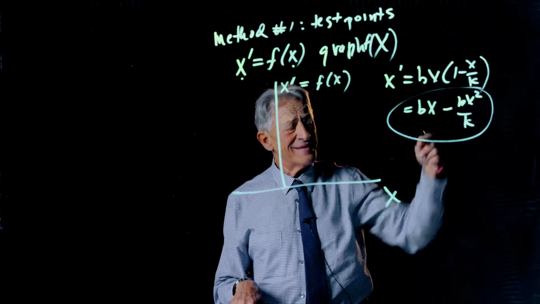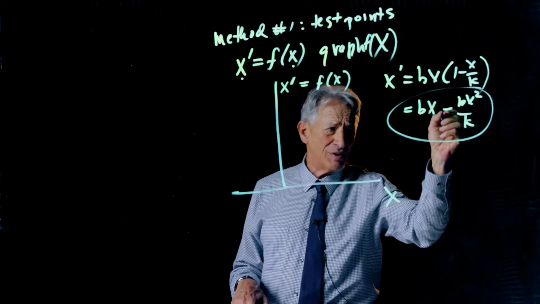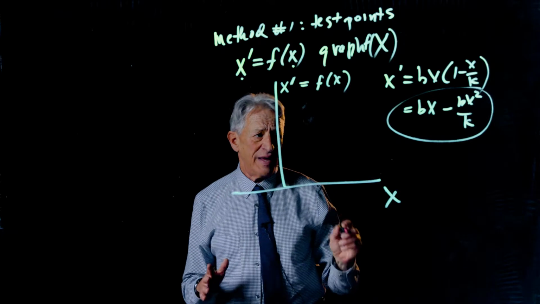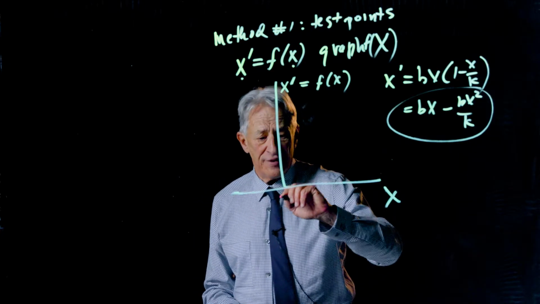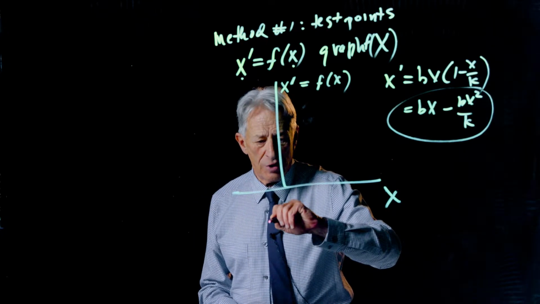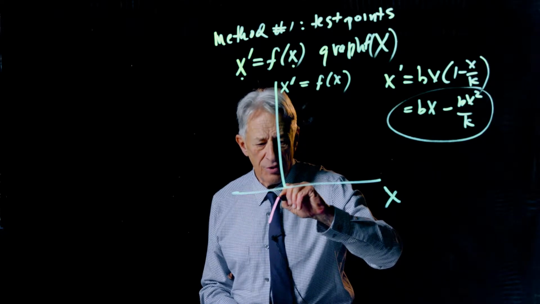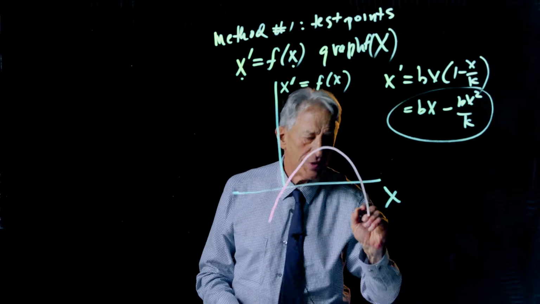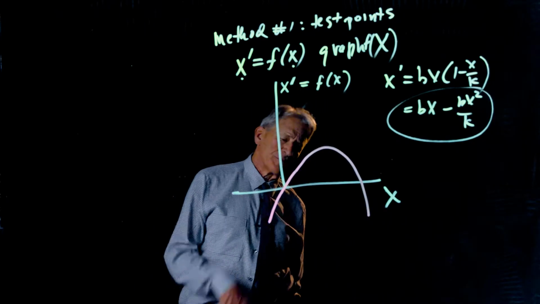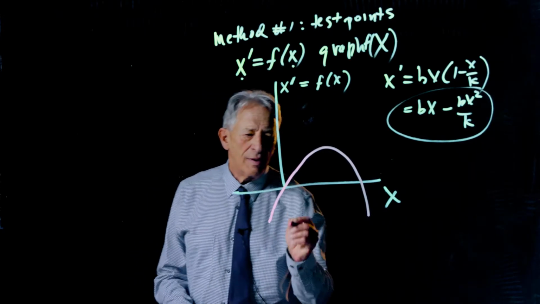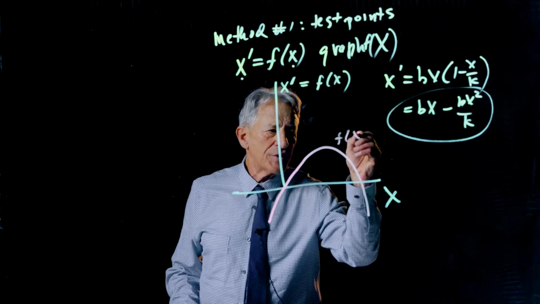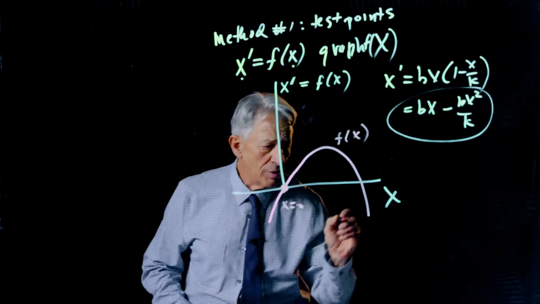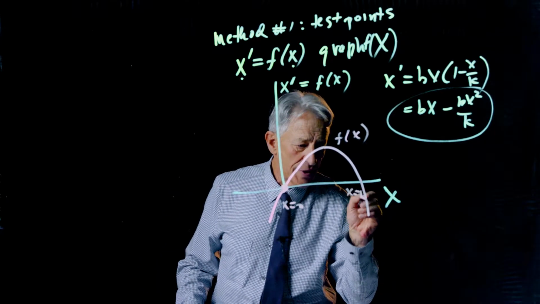We also see that it's going to be an upside down parabola because the square appears with a minus sign. And if you graph it using CoCalc or your graphing calculator, you will see that the graph looks like that. That's a parabola. And this is f of x, and this is x equals 0, and this is x equals k.